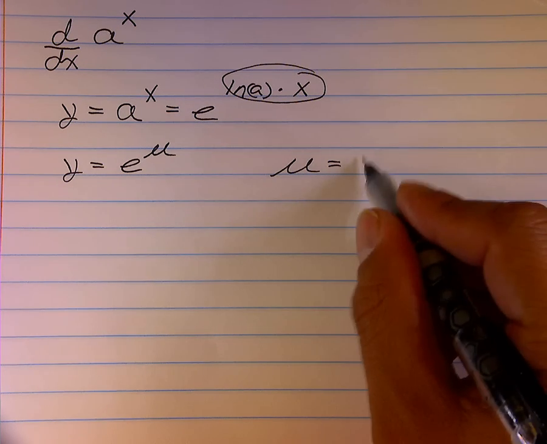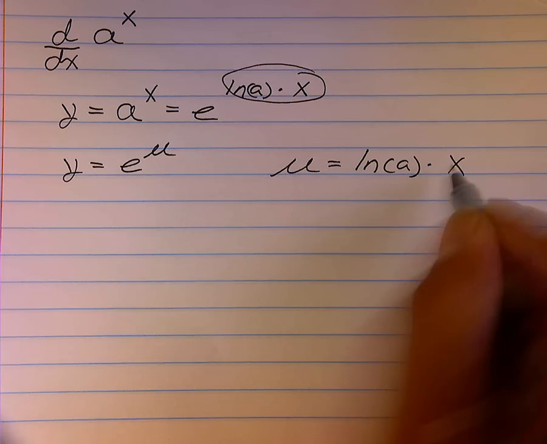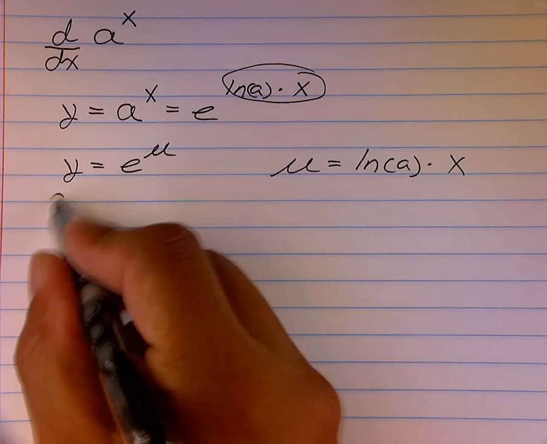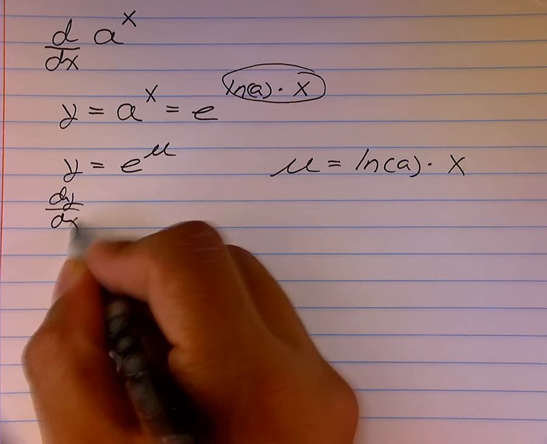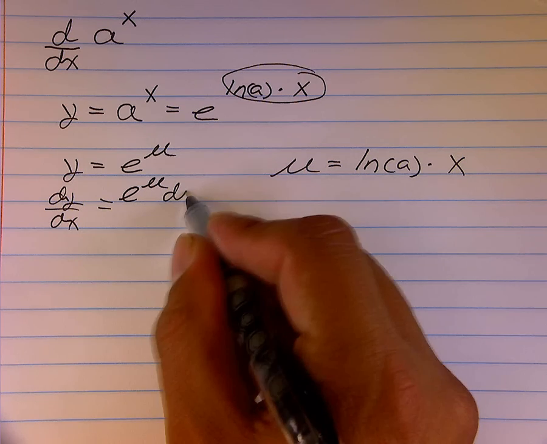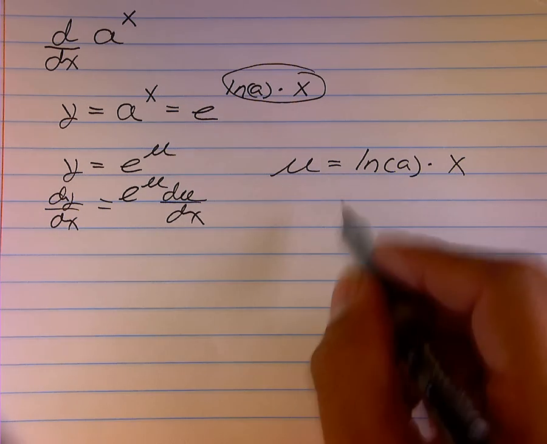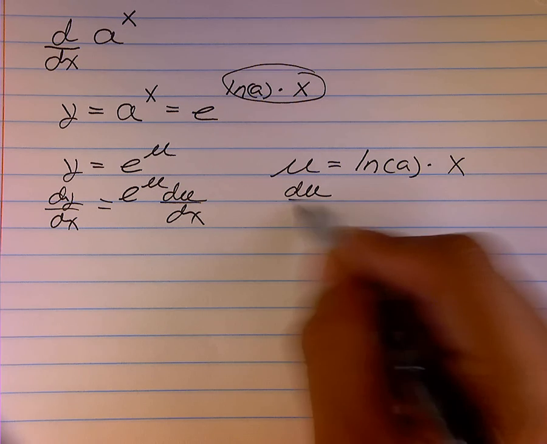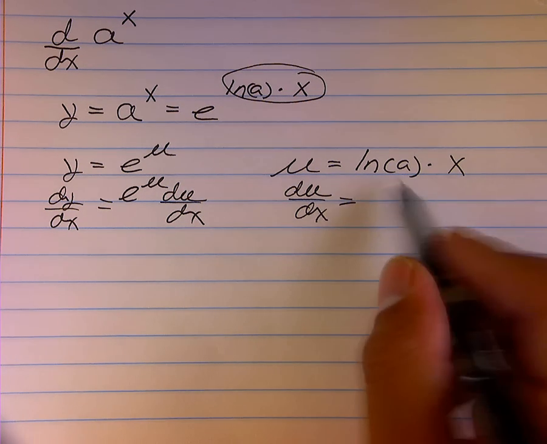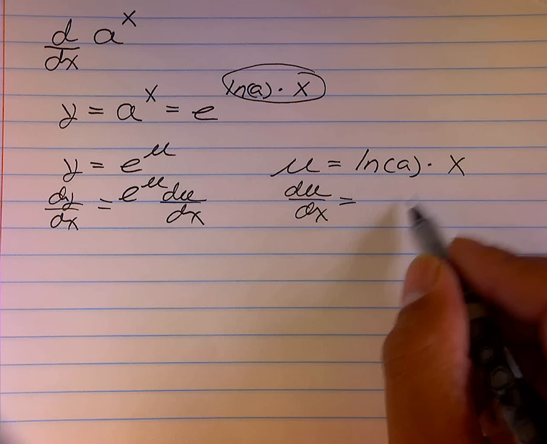Now, realize ln of a is just a constant. So the derivative dy dx equals e to the u times du dx, where du dx equals the derivative of a constant times x.